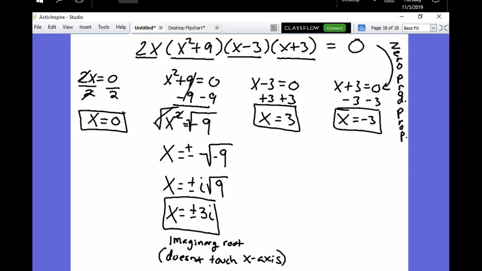Let's see, because this is kind of significant and worth noting. 1, 2, 3, and how many are here? 2 more, so a total of how many? 5 roots. So I want you guys to take note of something. I have 5 roots. 2 of them are imaginary, but I still have 5 roots, correct?